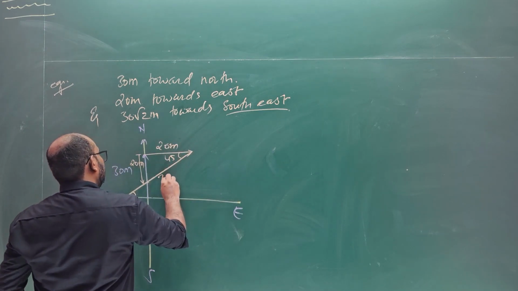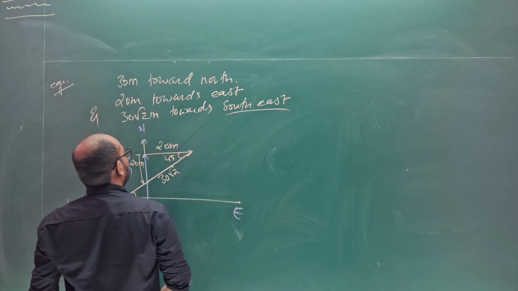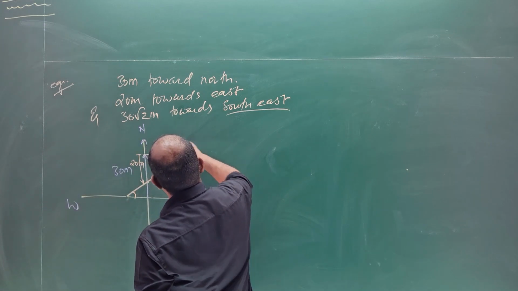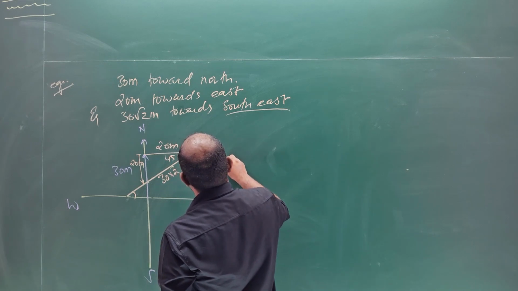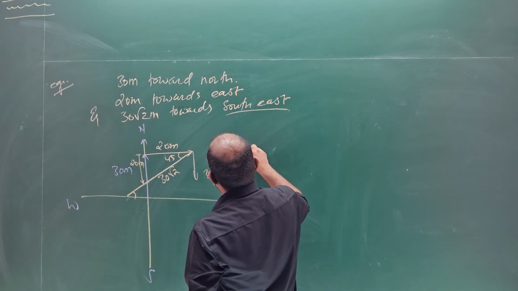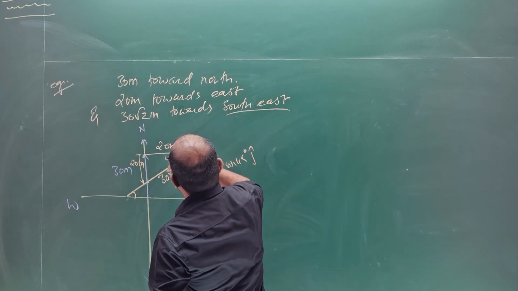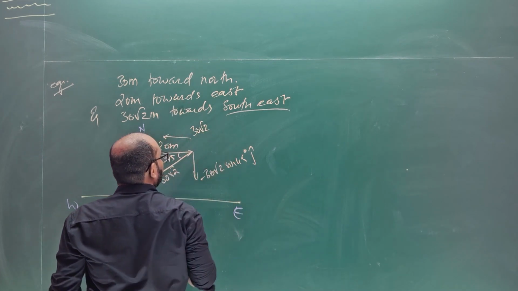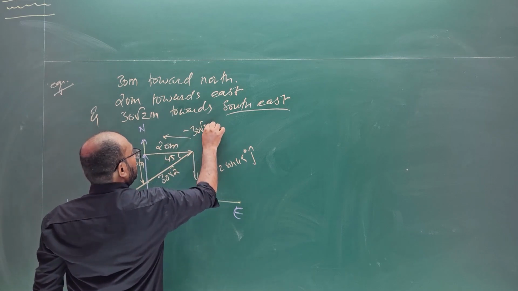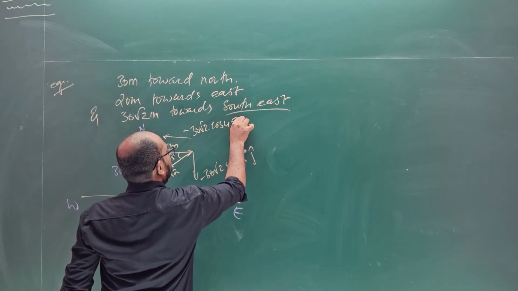Now this one is how much? 30√2. Resolve same thing like this. This becomes 30√2 sine of 45 degree j cap with a negative sign. In that direction, one component becomes 30√2 with a negative sign cos of 45 degree I cap.